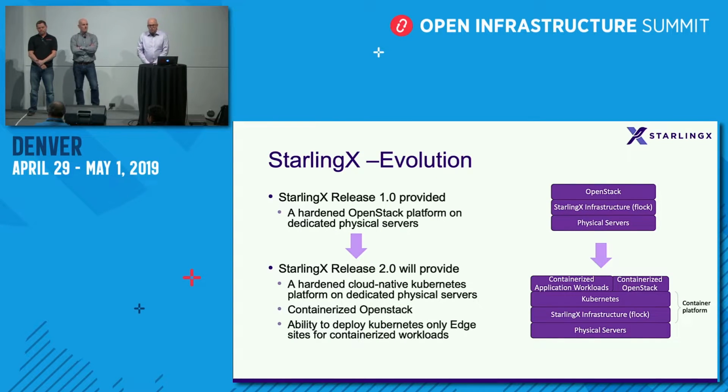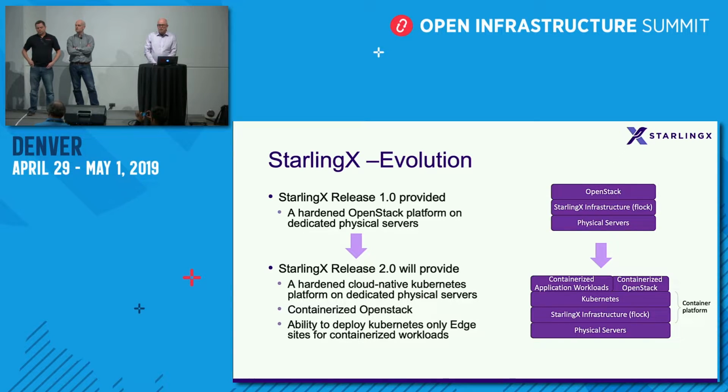So we started the StarlingX project last year. It was announced at the Vancouver Summit. Our initial release was in October of last year. So our first release, we provided a hardened OpenStack platform. Since then, we've undergone a pretty significant transformation.